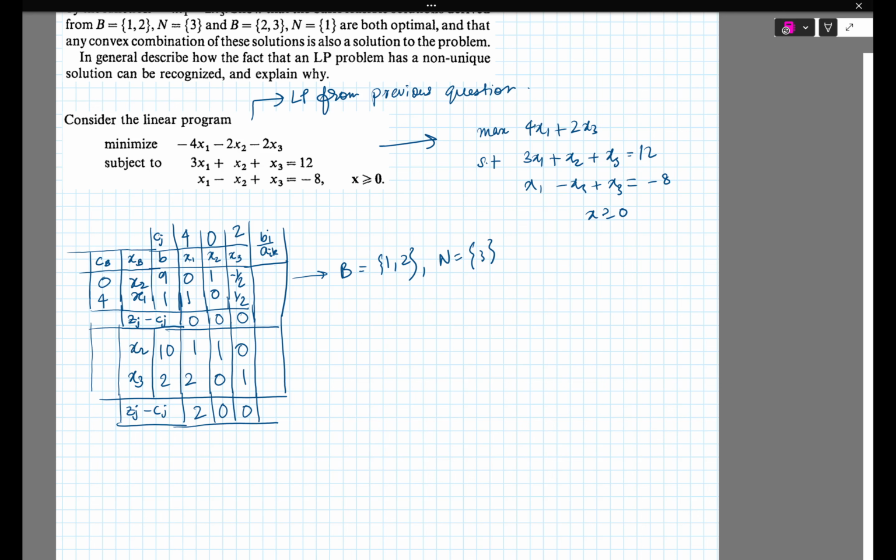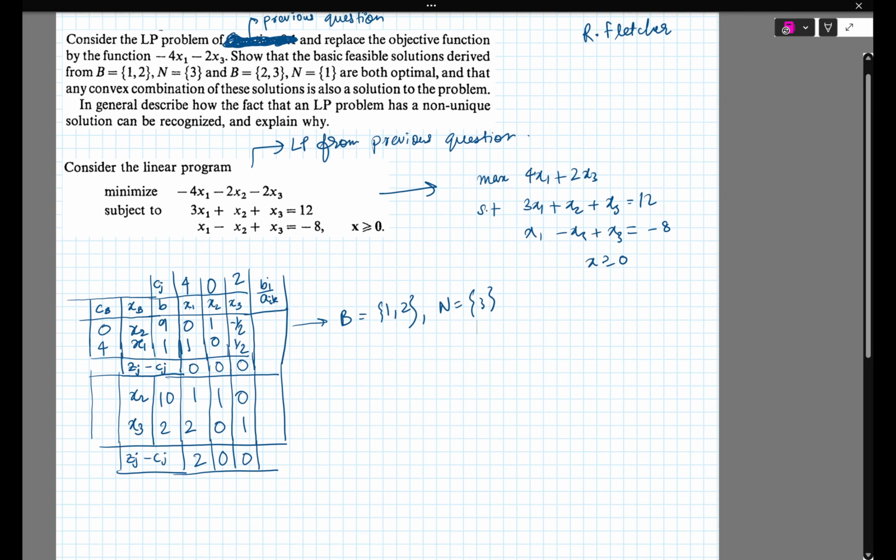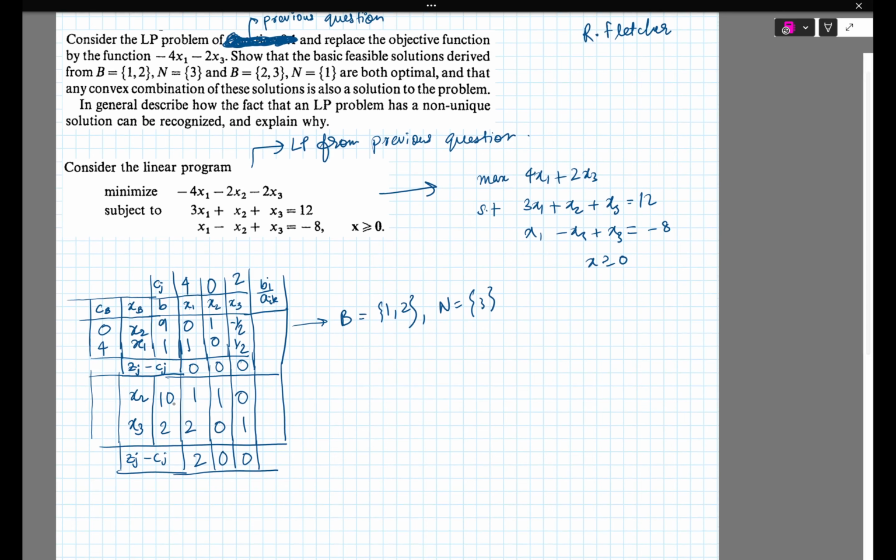If I choose these as my basic variables, x2, x3, then this will automatically come out like this only, because this is just the manipulation of the constraint, and 2, 3 are forming the identity basic thing.